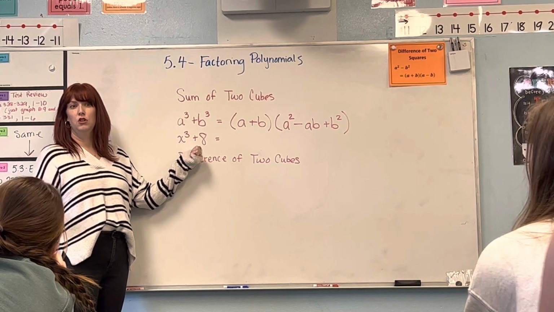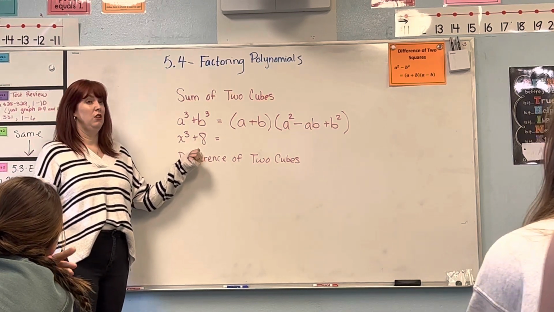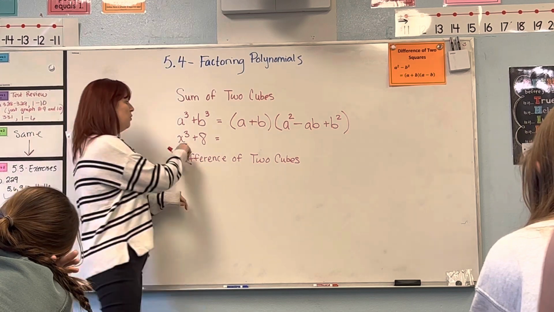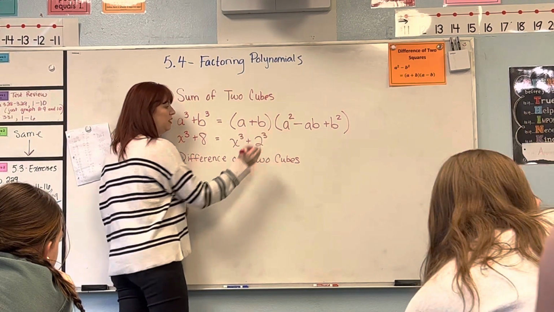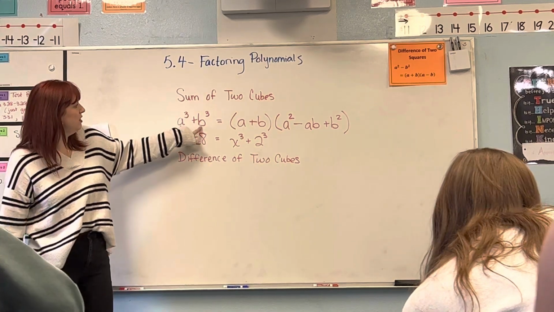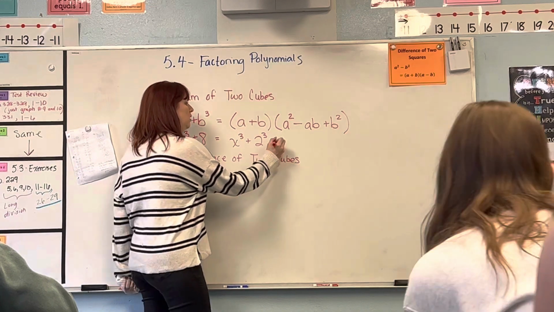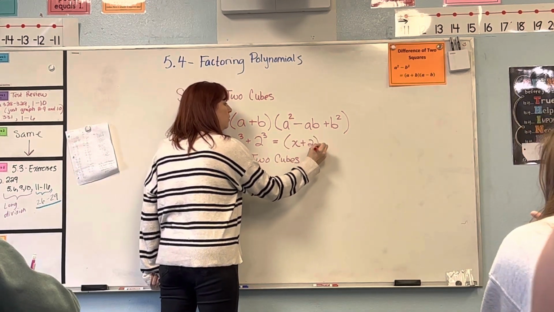So what number cubed equals this? So this is x cubed plus 2 cubed, right? So our a is x, our b is 2. So it would be x plus 2.